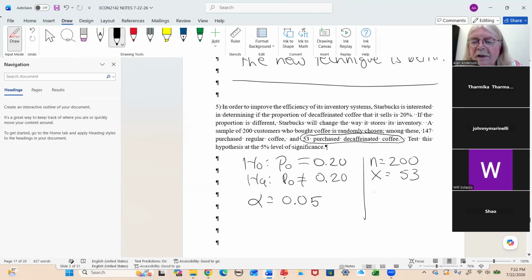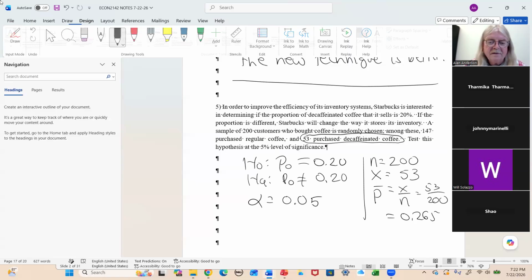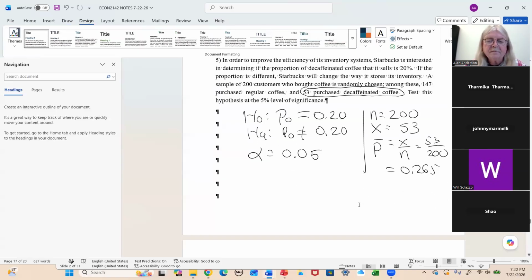And so here we can conclude that sample proportion is 53 over 200, which is about 0.265. All right, so what test statistic do we use in this case? Now, you might recognize this, it's been a while.